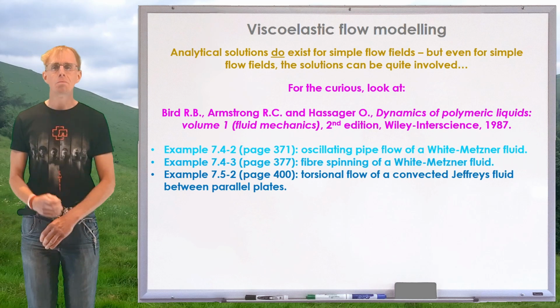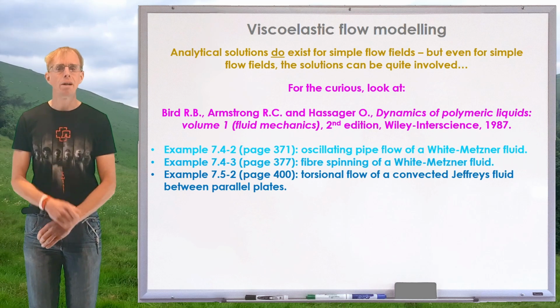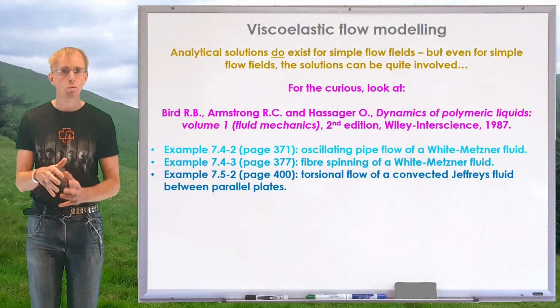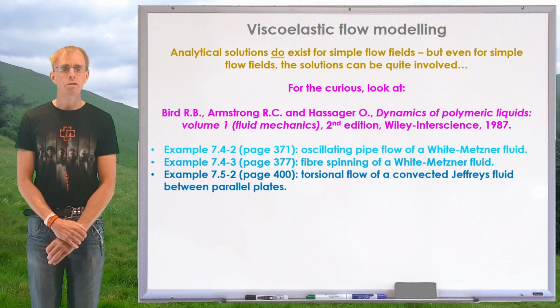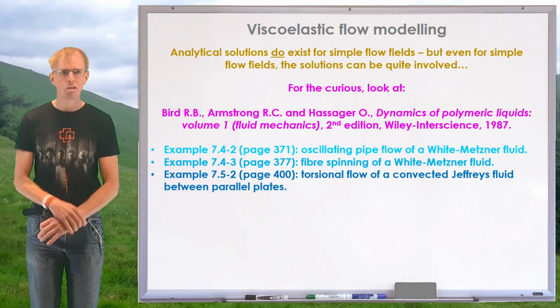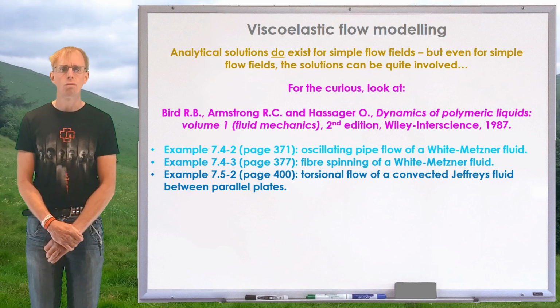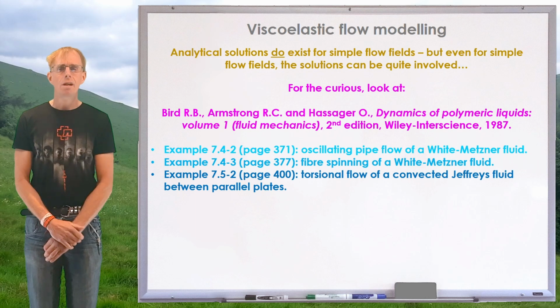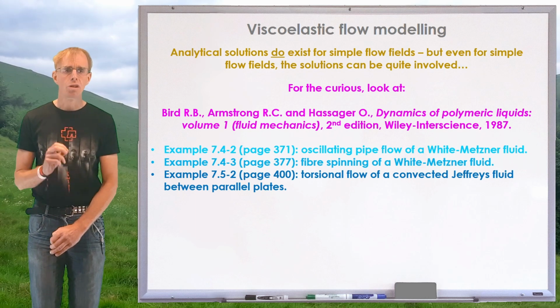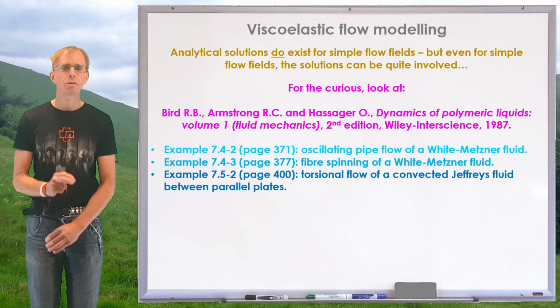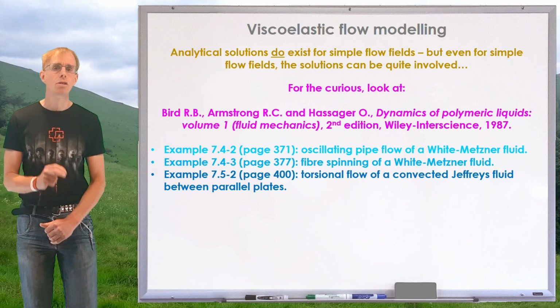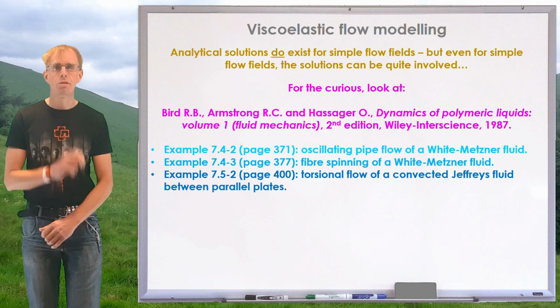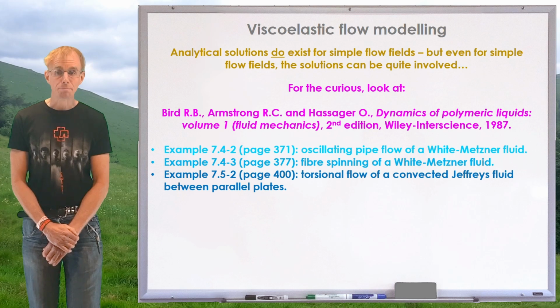And then we've got example 7.5-2 on page 400, which is torsional flow of a convected Jeffreys fluid. And convected Jeffreys is an extension of Maxwell with additional relaxation times. These are long solutions that require a considerably high level of mathematics. That is the disclaimer. So analytical solutions to viscoelastic flow problems are complex.